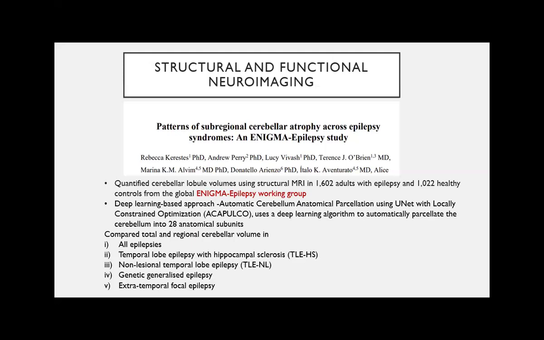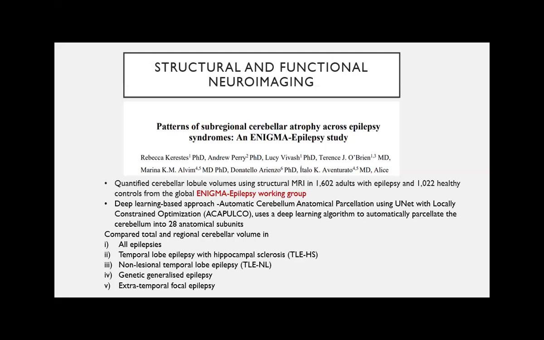They used a deep learning approach, ACAPULCO, automatic cerebellum anatomical parcellation using U-Net with locally constrained optimization. It automatically parcellates the cerebellum into 28 anatomical subunits, and they compared the volume between the epilepsy patients and healthy controls.